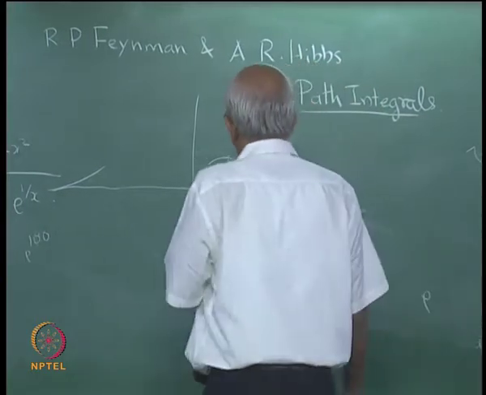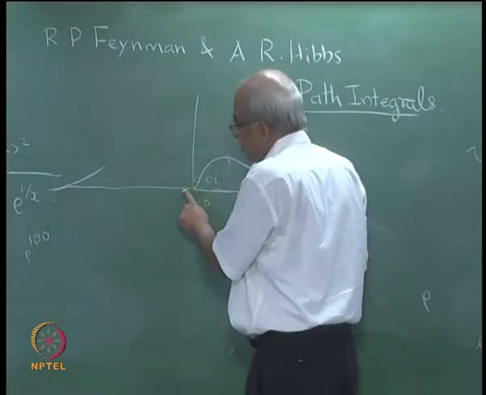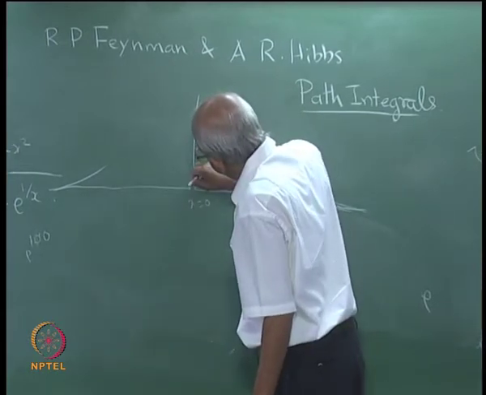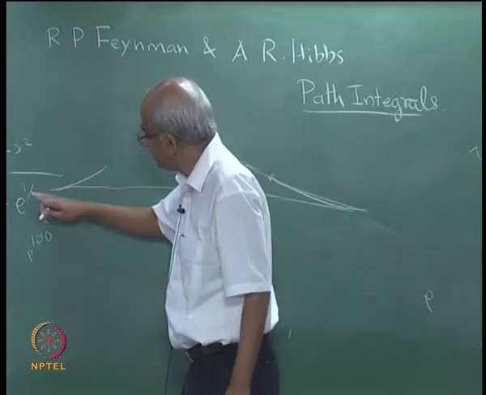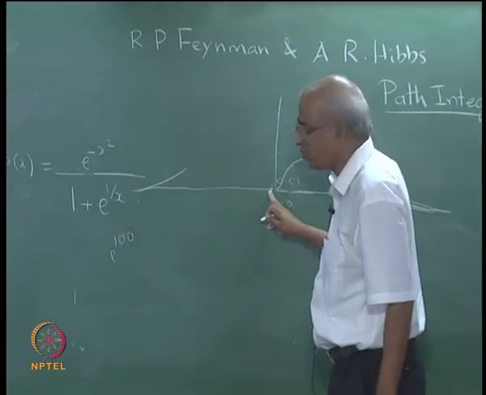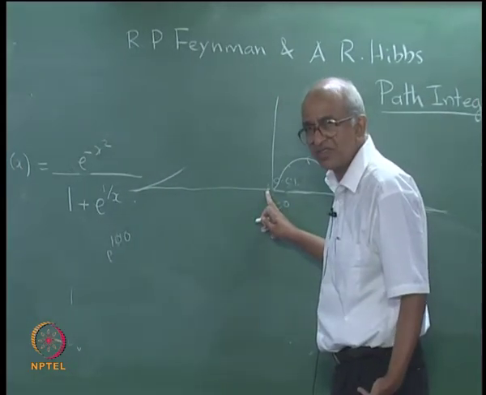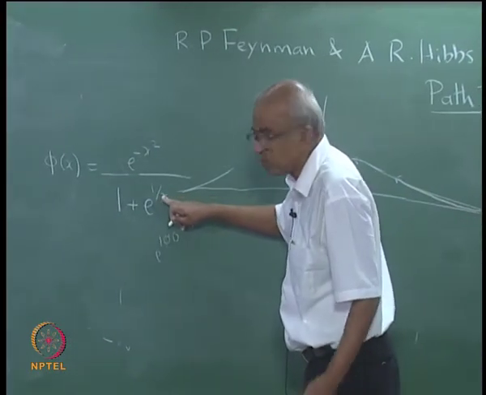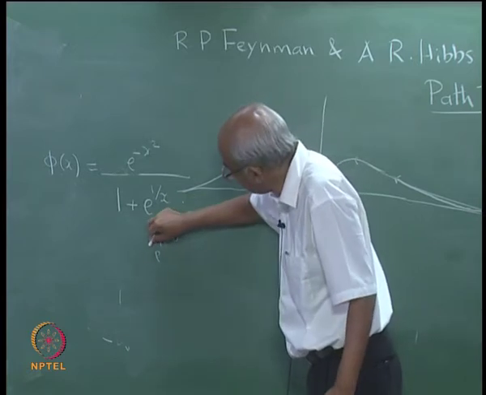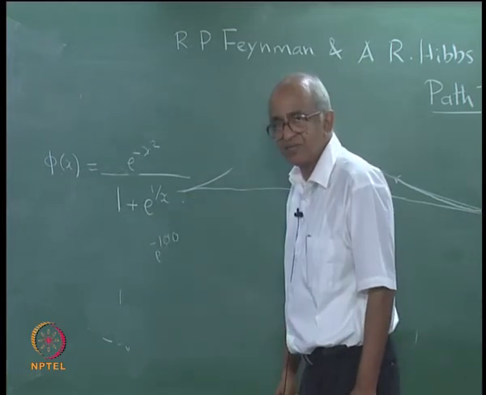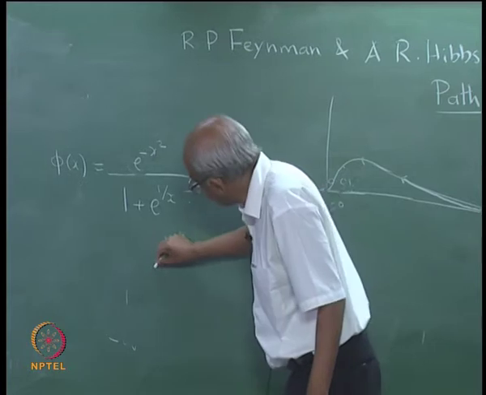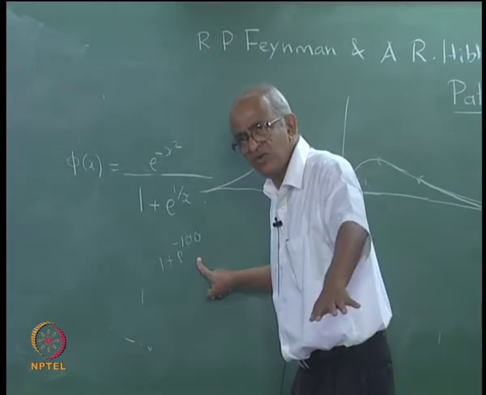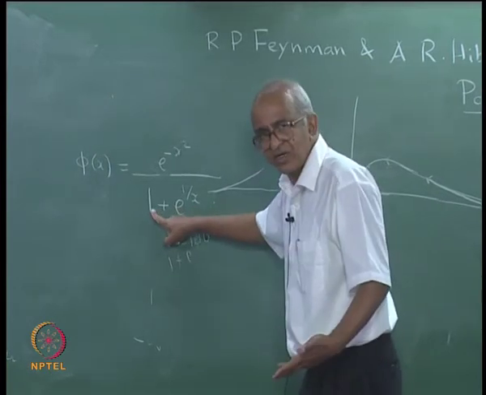Now, suppose you think of x very close to 0, but on the negative side. So, here you are going to have, let us say, minus 0.01, a point where the value of x is minus 0.01. What will happen? You are going to have e to the power of minus 100 there. So, e to the power of minus 100 plus 1, e to the power of minus 100 is almost 0. So, therefore, this 1 you cannot neglect.